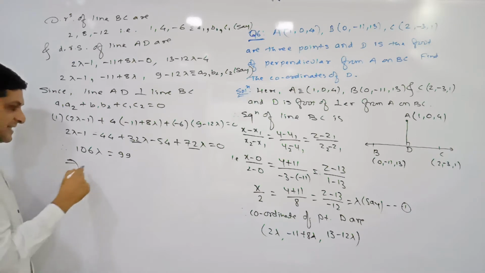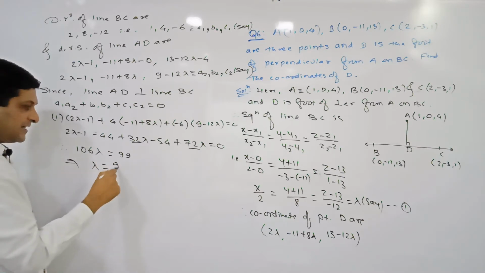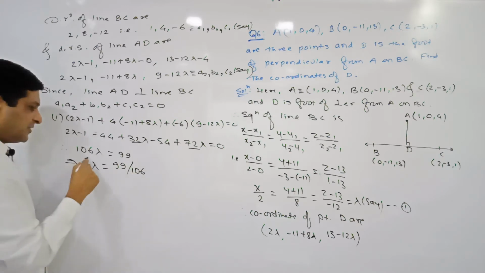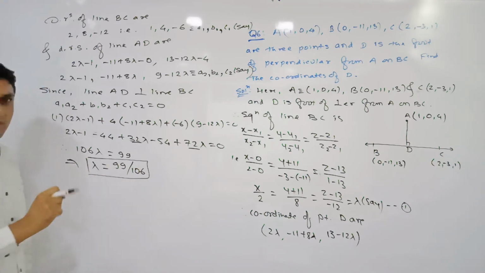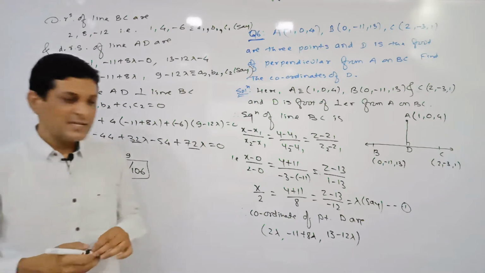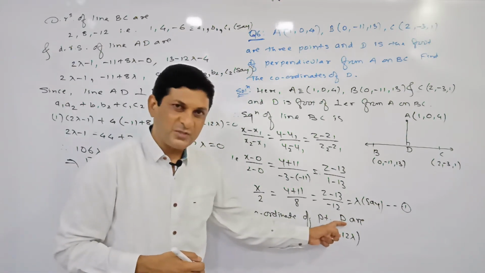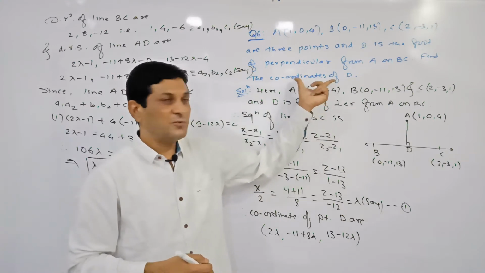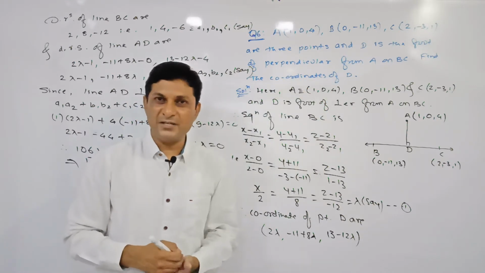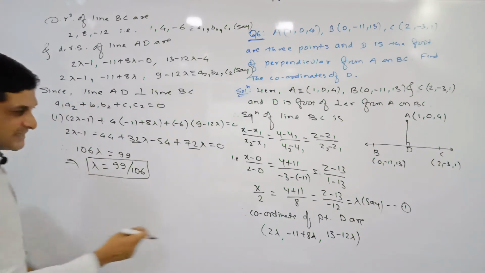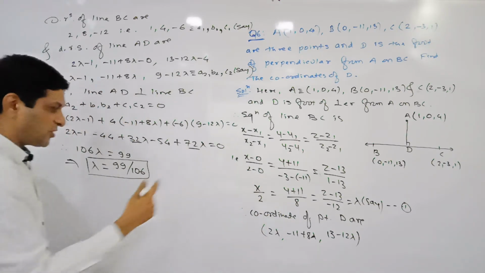So lambda is equal to 99 divided by 106. In this way we have got the value of lambda. Once it is known, substitute it to get the coordinates of point D, which is what the question asks. Let us substitute the value of lambda in this expression.